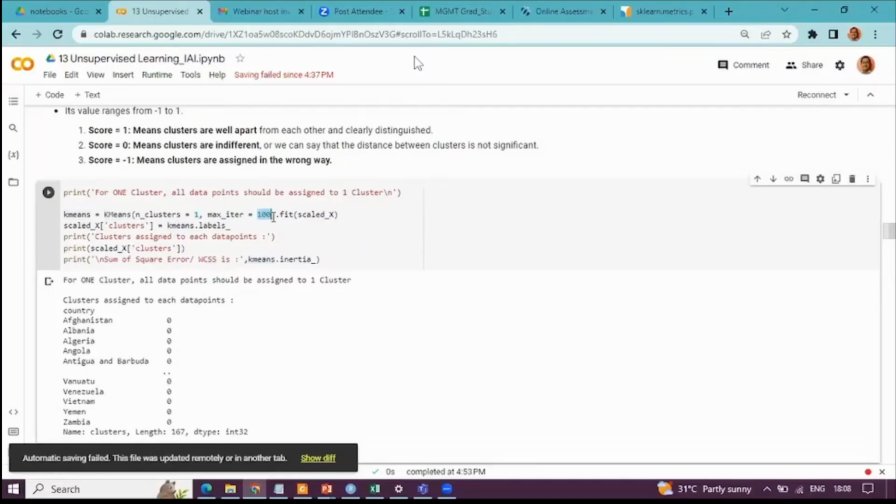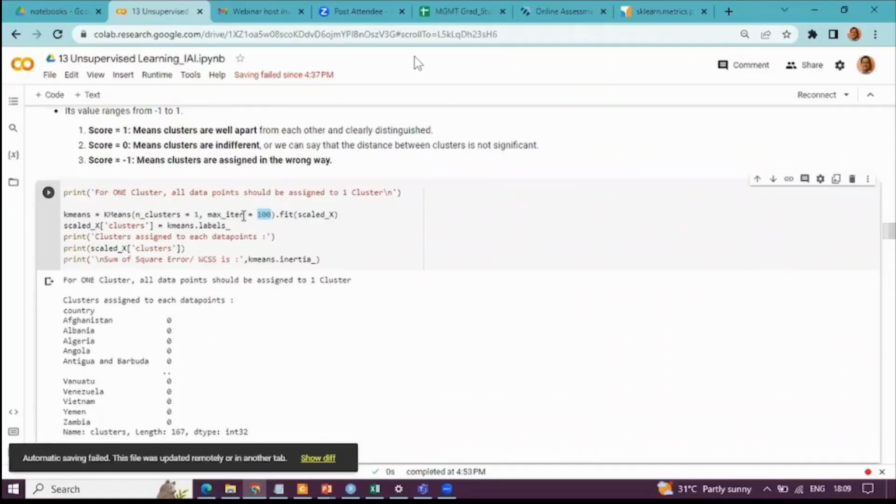Within 100 iterations, if the clusters do not exchange, if every observation goes to the same cluster in 2 consecutive iterations, it would be stopped. Otherwise, after 100 iterations, this mechanism would typically stop. Right?